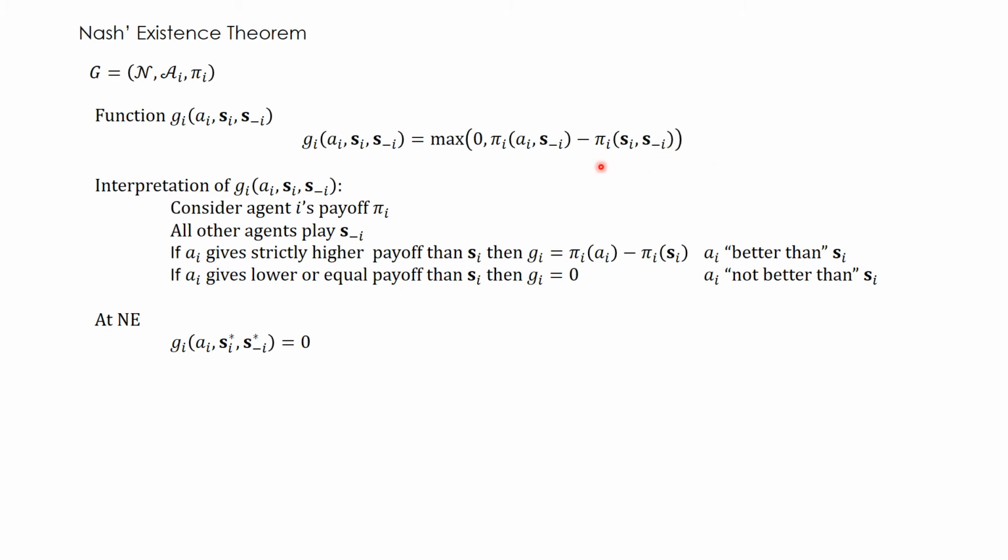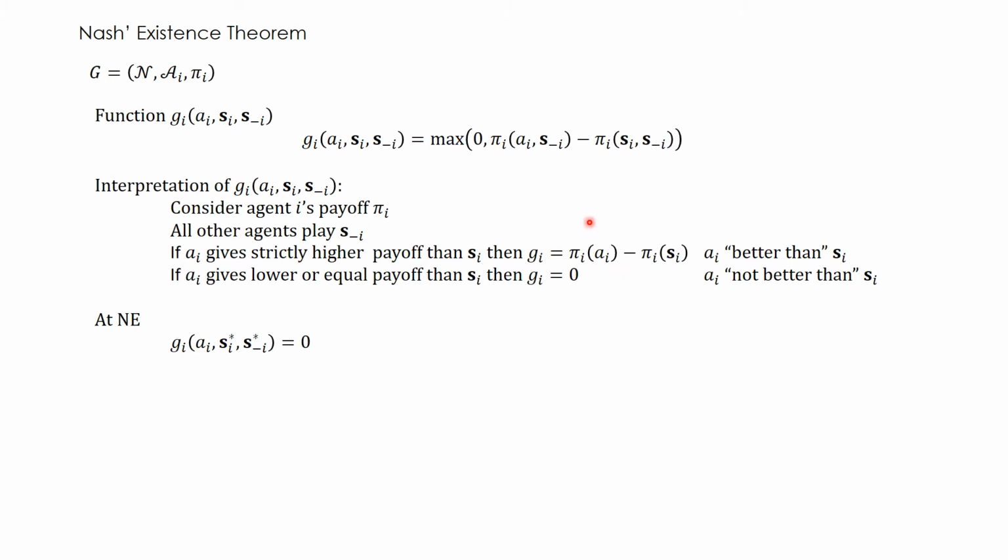Now, this is the difference between the two payoffs. Here, it's the payoff of agent I when it's playing the pure action AI, which is the first argument here. And here, it's playing the mixed strategy S sub I, the second argument here.